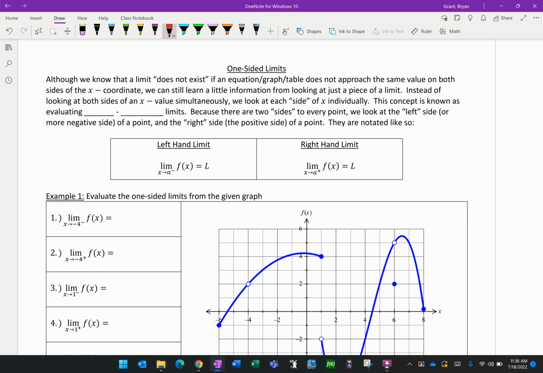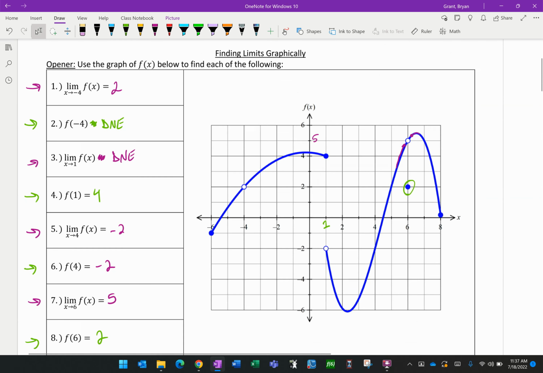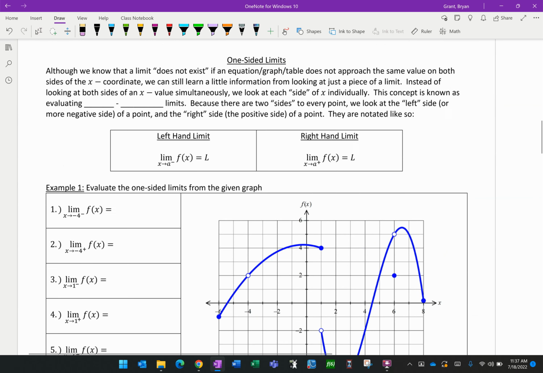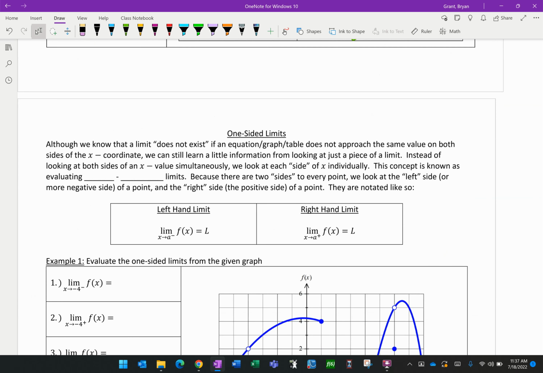Although we know that a limit does not exist if an equation or a graph or a table does not approach the same value on both sides of the x-coordinate, right? And we saw that one back up here. We approached two different values, so we said the limit did not exist. Okay, we can still learn a little information from just looking at a piece of a limit.